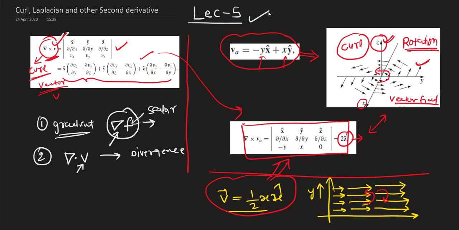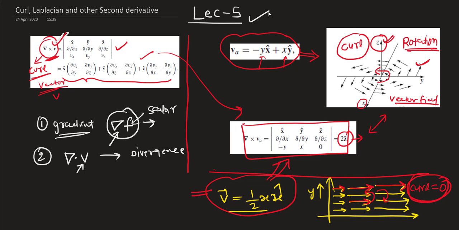So we can simply say the curl is 0, because these vectors are pointing in the x cap direction and there is no rotation. If you assume these vectors show velocity or some water movement, then you can say there is no rotation of the water movement. So simply the curl is 0.